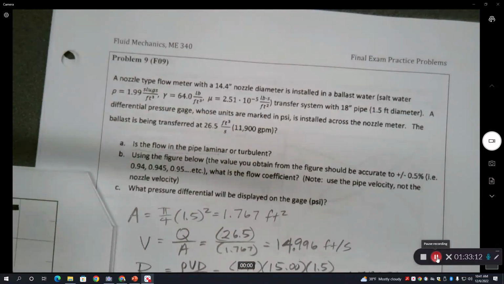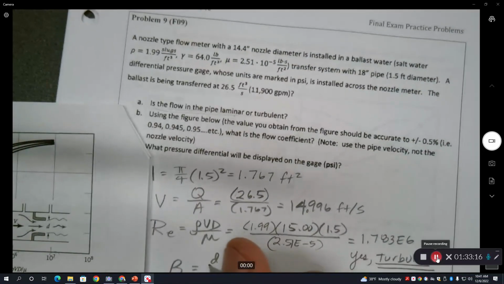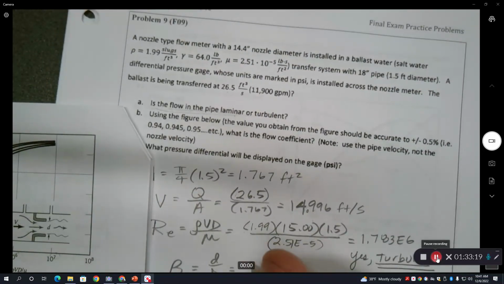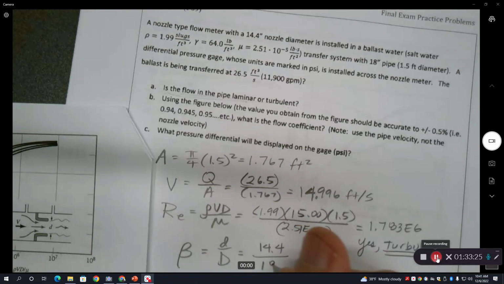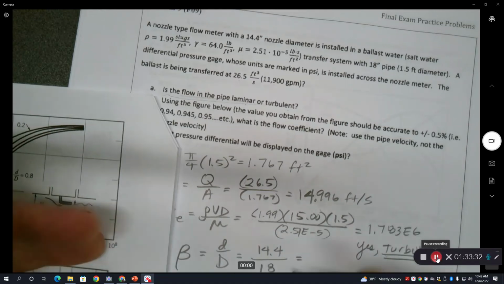So the beta is supposed to be little d over big D, or 14.4 inches divided by 18 inches. There must have been a reason for that. 14.4 divided by 18. Oh, 0.8. Look at that.